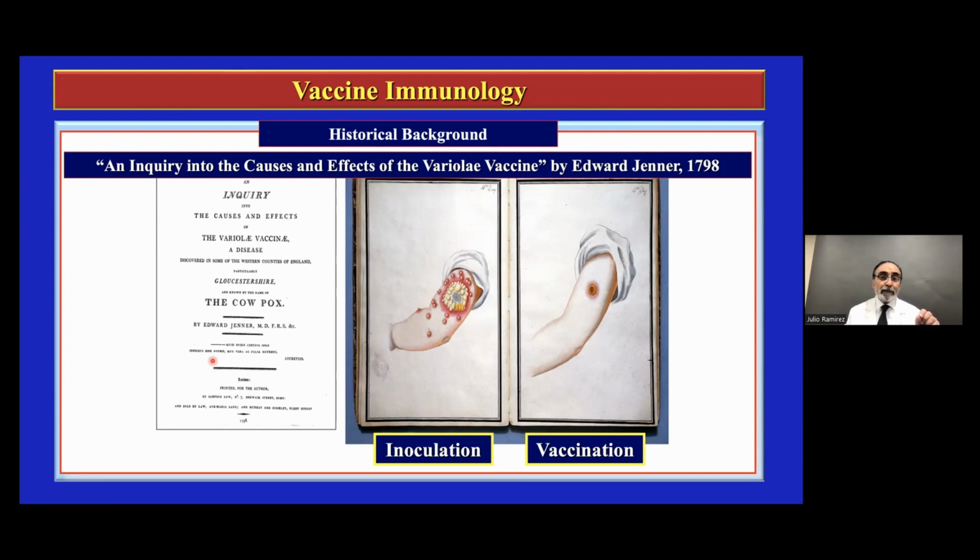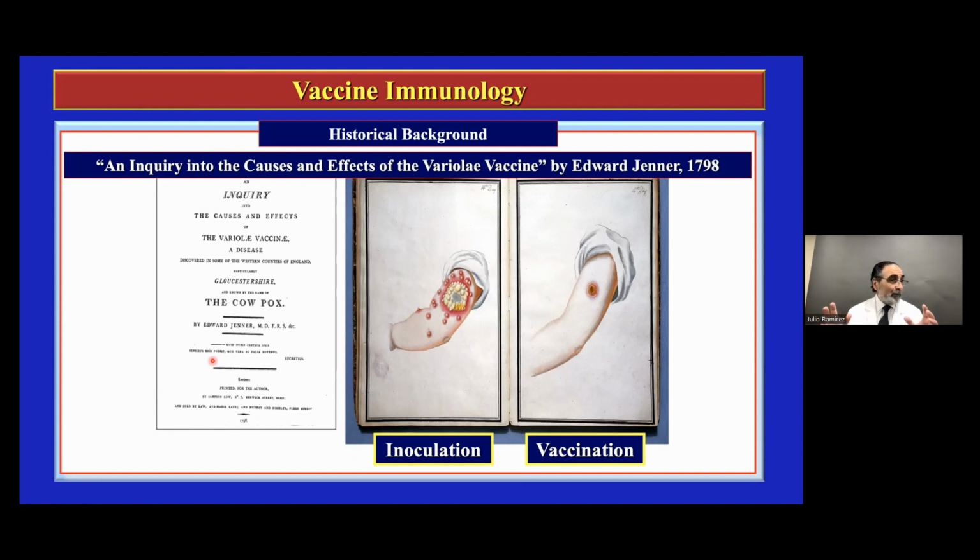He proved with these patients that, first of all, they didn't get smallpox. And when there was a person with smallpox, he did the inoculation on them, and they didn't respond. So after vaccination, you were immune to smallpox.